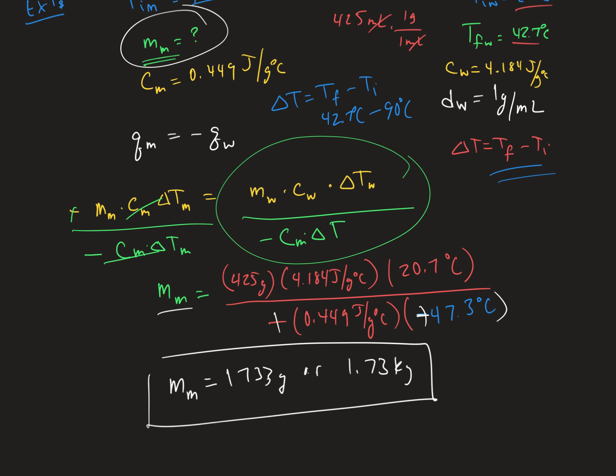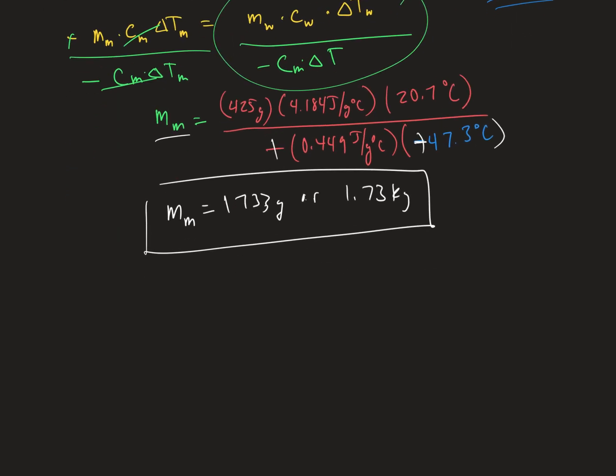Can we say that the final temperature is for the whole system, not only the water? Can we say it's for the water and the metal itself? You have to keep each substance separate. This equation we use, Q equals MC delta T, is for one substance only.